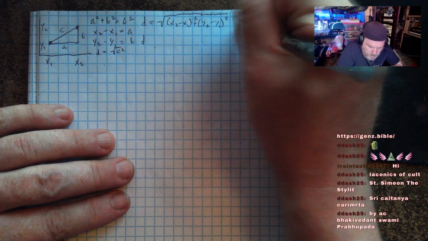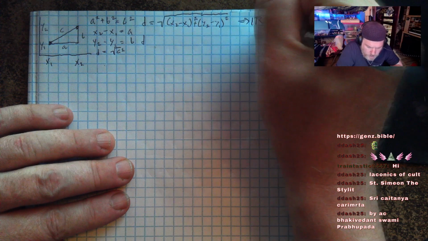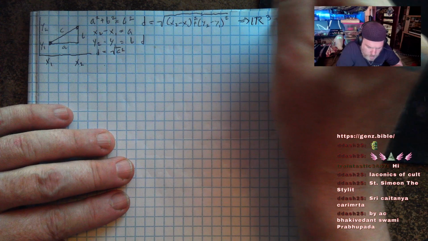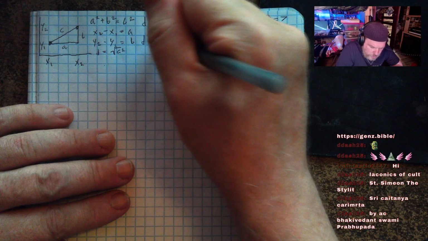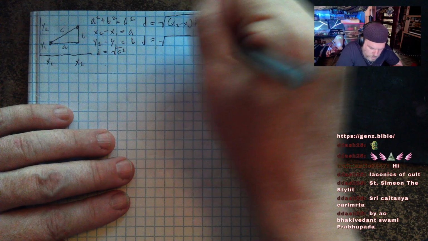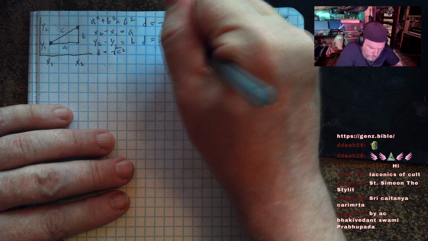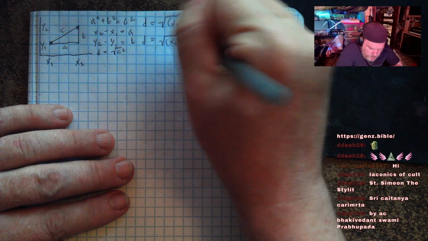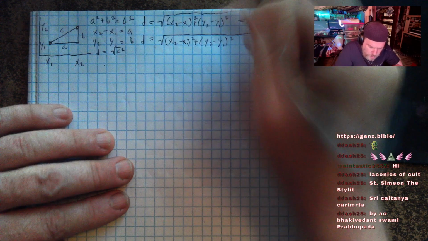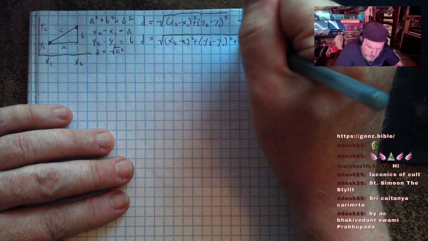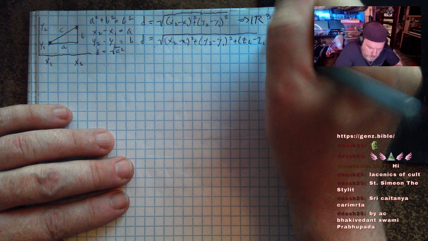Going to R3, D is equal to the square root of (x2 minus x1) squared plus (y2 minus y1) squared plus (z2 minus z1) squared.